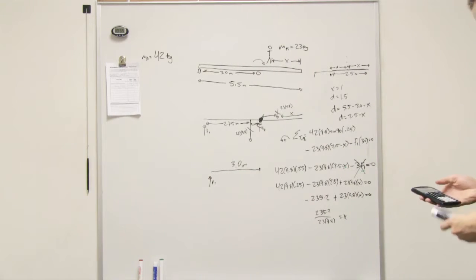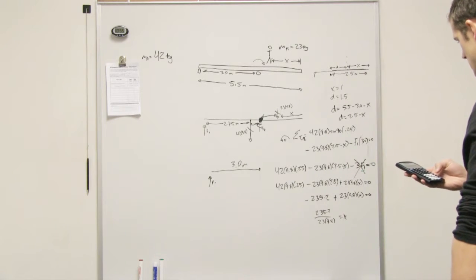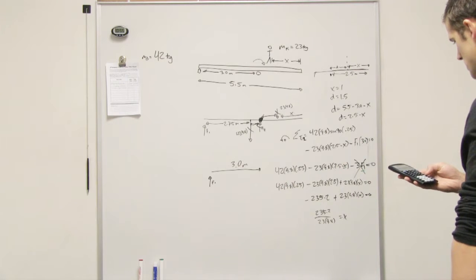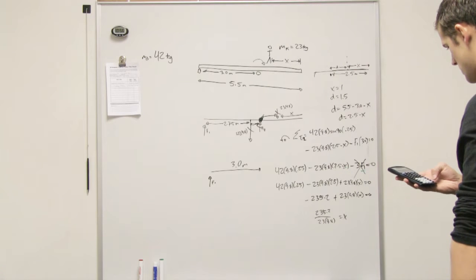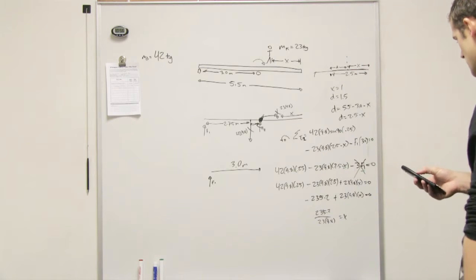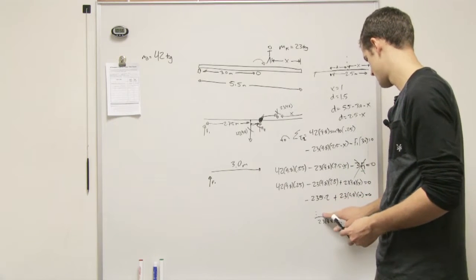So it came out to be negative 460.6, and then I divided it by 2, 23 times 9.8. Oh, okay, there we go. Gotcha. So it's really 460.6 or something.